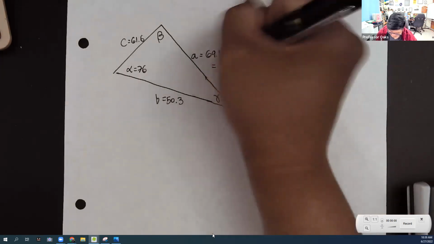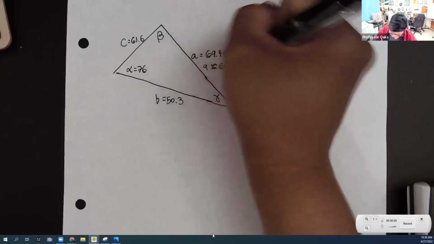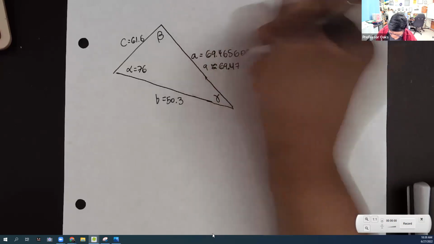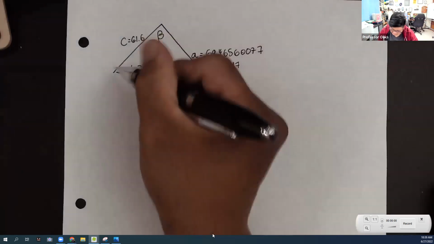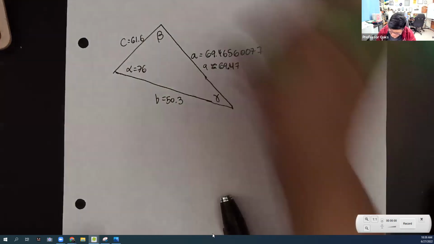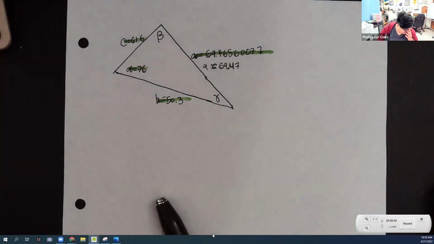Now, even though I said that A was approximately 69.47, until I actually find the final answers, I still want to use the answer without the rounding in it.